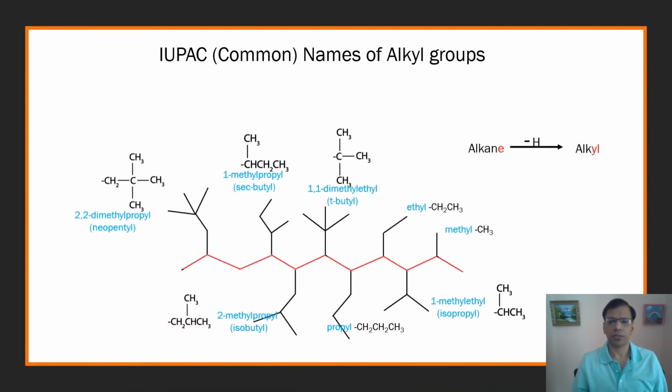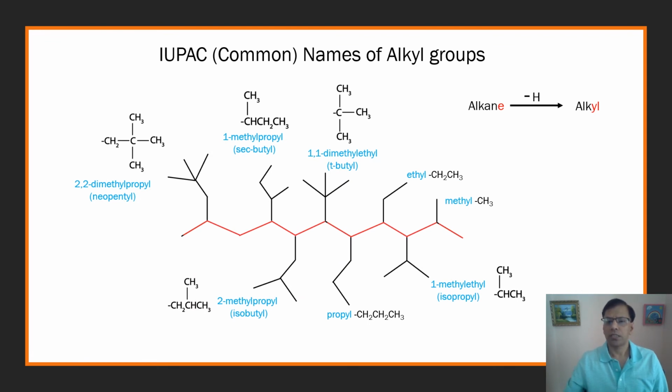So let's look at the IUPAC names of alkyl group. I have covered this naming convention in my video of naming alkanes, and please refer to that to better understand the naming conventions for these alkyl groups. Just to point out a couple of things, you have the methyl group, ethyl and propyl.